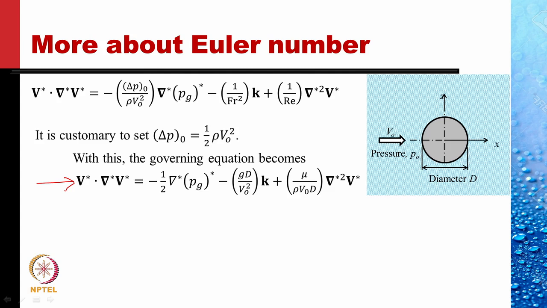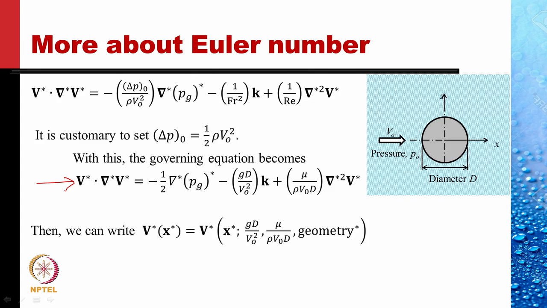Notice that in this equation, the Euler number has disappeared, so that we can write the functional form of the non-dimensional normalized velocity as a function of x star, the independent normalized variable, and gd by V0 squared and mu by rho V0 d, the two groups of parameters, and of course the non-dimensional geometry.